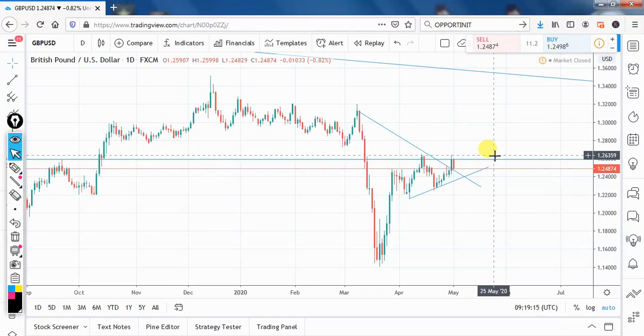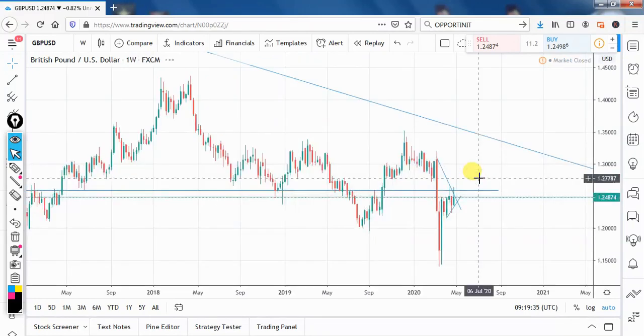So if we get in at 126.20, we're going to use around 120 pips stop loss on this one, and our target is going to be up pretty high.